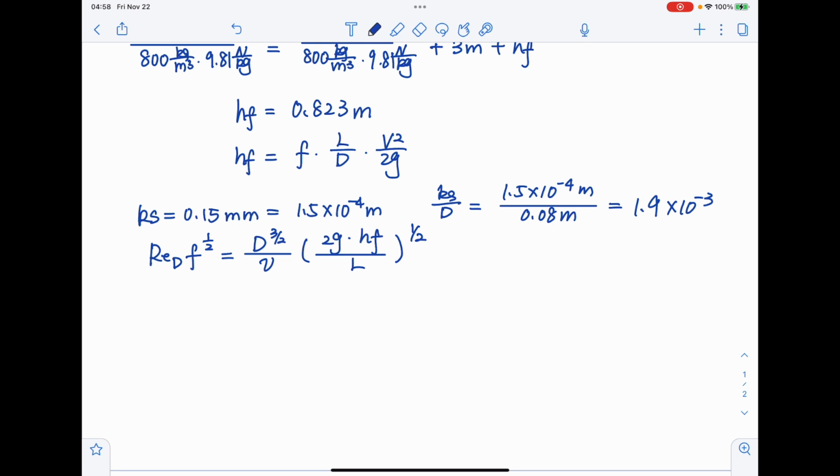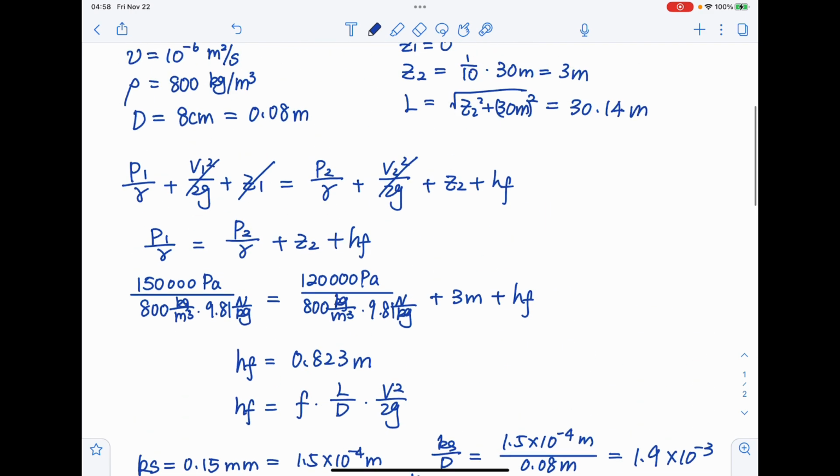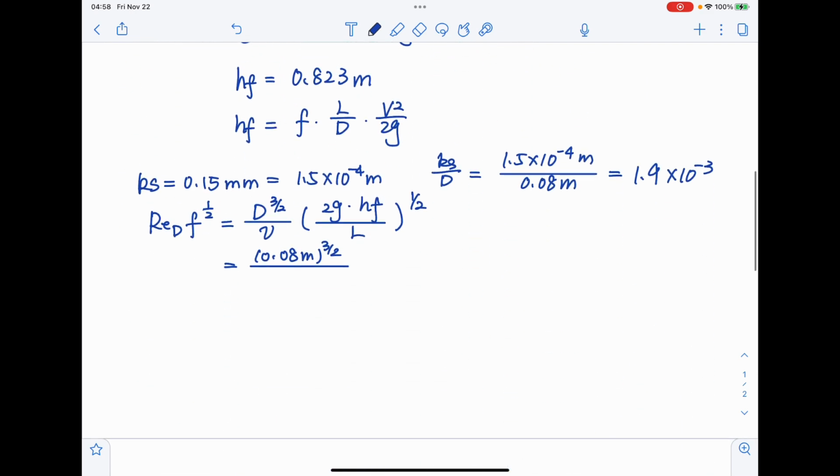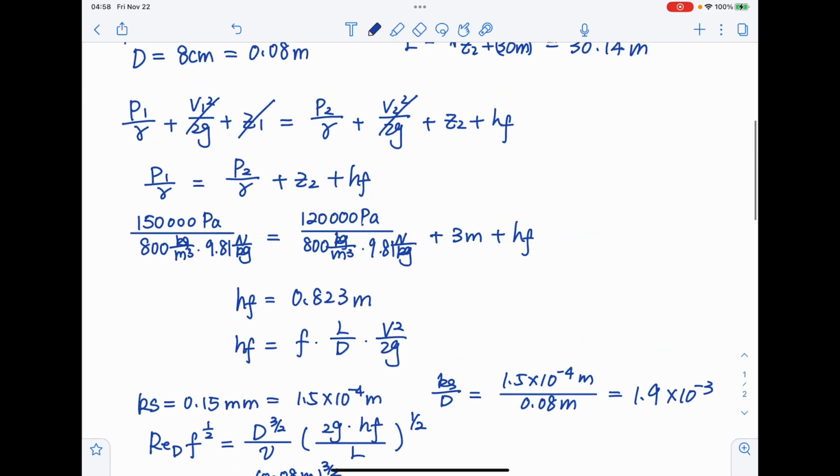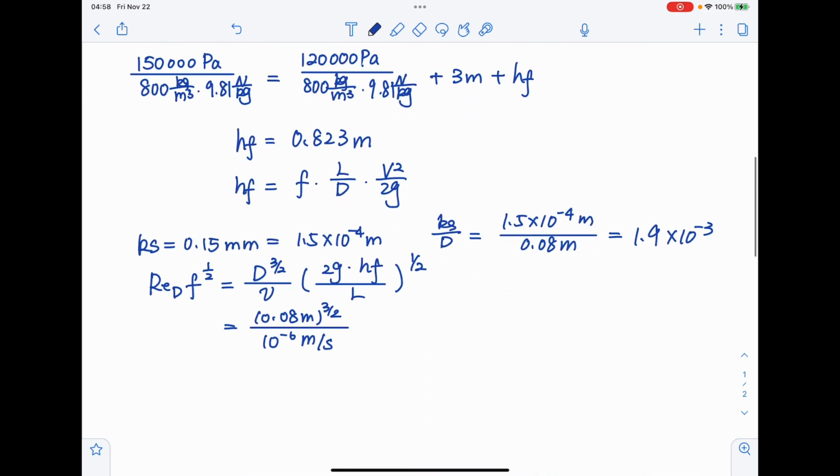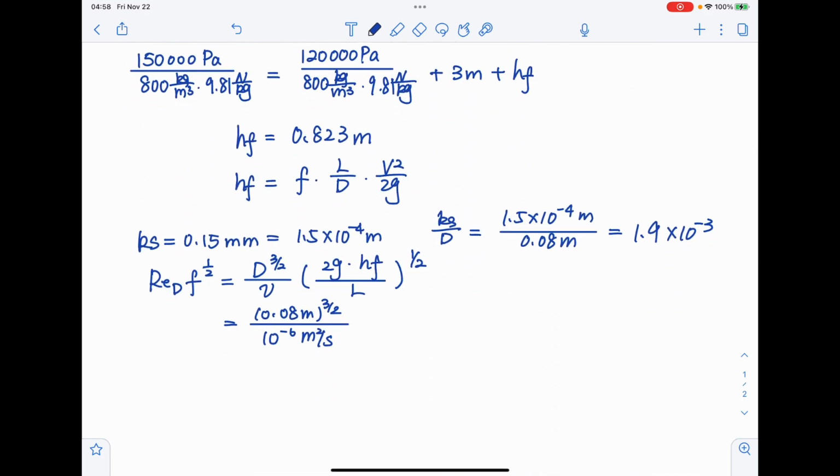If we do the calculation, D is given as 0.08. The viscosity is also given, which is 10 to the negative 6 meters squared per second, times 2 times g.